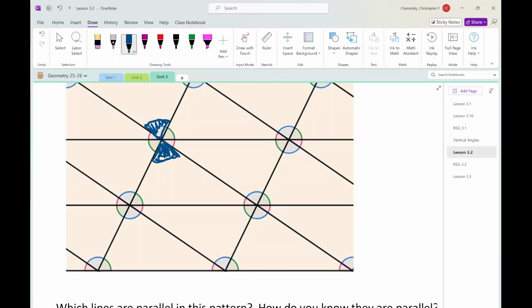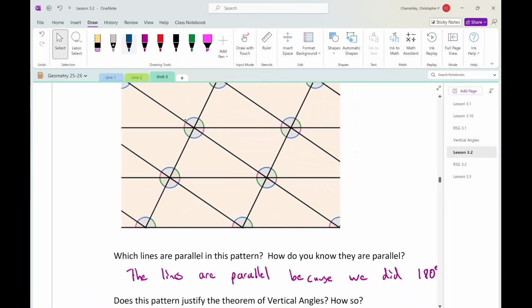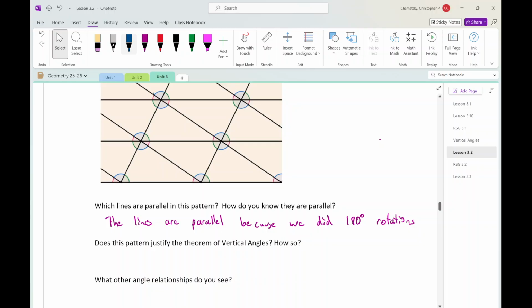We can see that with the green angles and the red angles, any of those angles that are directly across from each other in intersecting lines, yeah, we can definitely see that those colors are matching. So yes, the angles match after the 180-degree rotations.